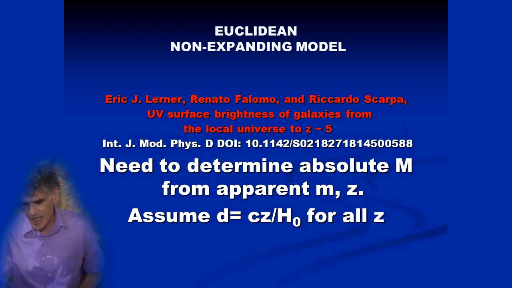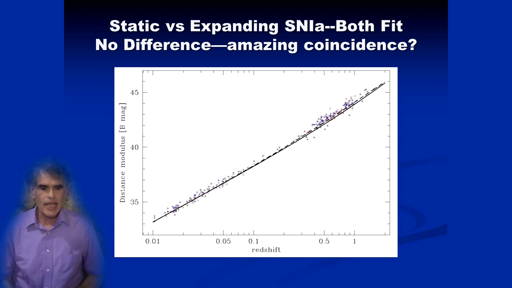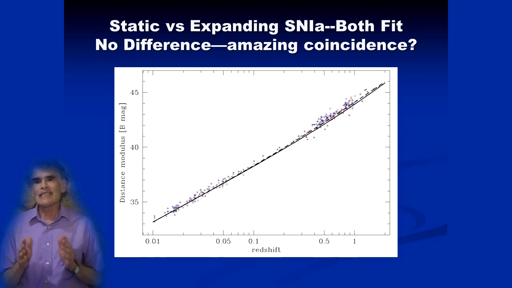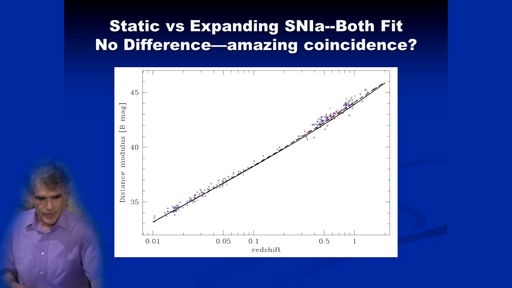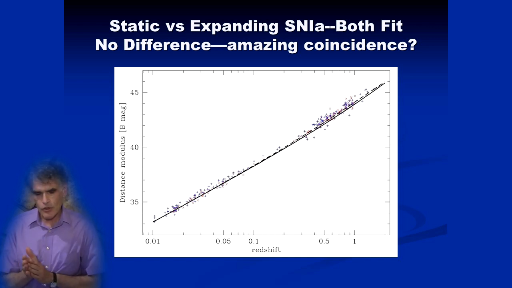There's a very interesting thing about that relationship, which is that it gives almost identical predictions of luminosity versus z to the concordance model. This is the plot of apparent luminosity versus redshift for supernovae. The top line, the dashed line, is the concordance model predictions with all the dark energy, dark matter, and all these other complications.